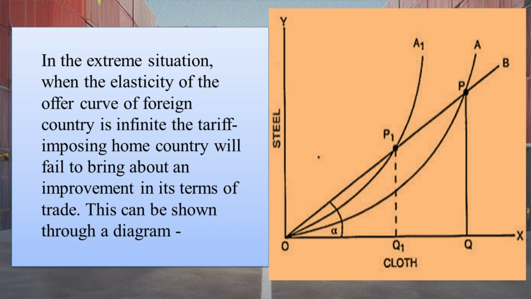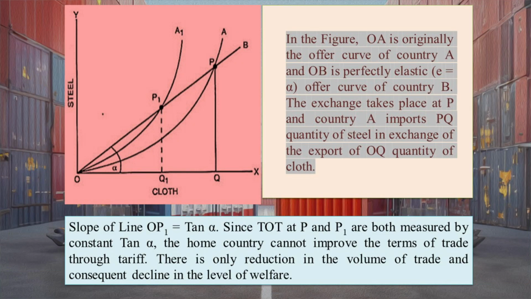In the figure, OA is originally the offer curve of country A, and OB is the perfectly elastic offer curve of country B. The exchange takes place at point P, and country A imports PQ quantity of steel in exchange for the export of OQ quantity of cloth.